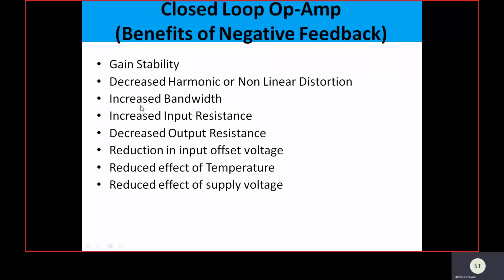Thirdly, the bandwidth is increased, input resistance increased, output resistance decreased, reduction in the input offset voltage, reduction in the effect of temperature, and the reduction in the effect of supply voltage. So because of these benefits, we operate the operational amplifier in a closed loop configuration employed with the negative feedback.